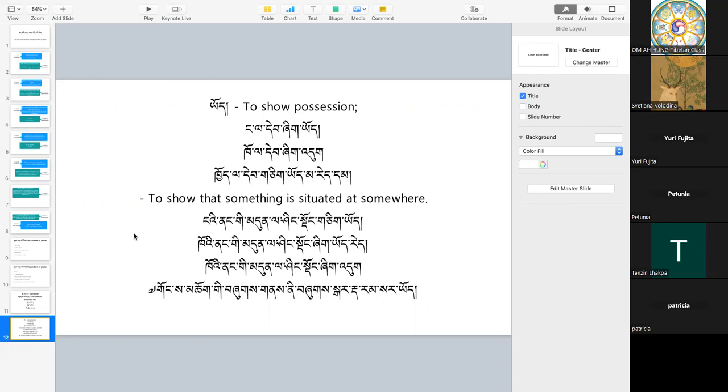So the thing is that whichever belongs in the present tense, meaning that if something exists in the present tense, that automatically belongs to the first person.